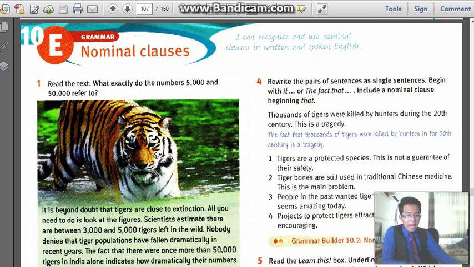Number 1: tigers are a protected species. This is not a guarantee of their safety. So make that into only one sentence. You can write it in the form of the fact that, or it is, or it feels, or it appears, something else. But I'll write this sentence using the fact that. The fact that tigers are a protected species is not a guarantee of their safety.